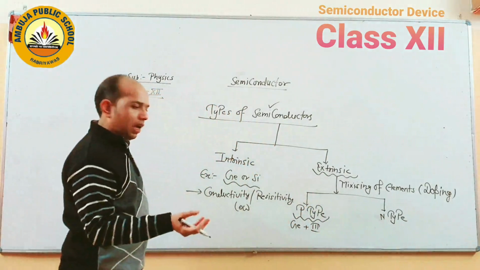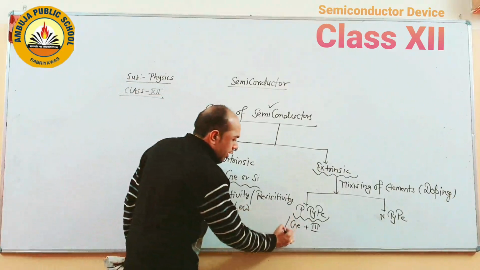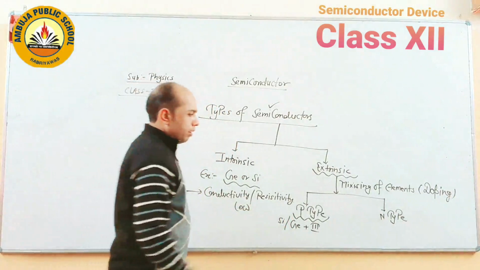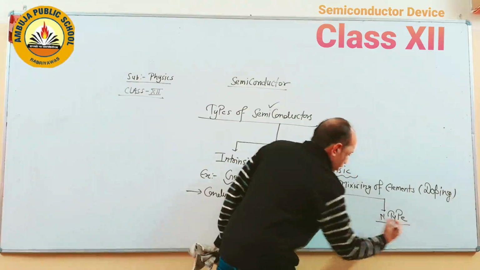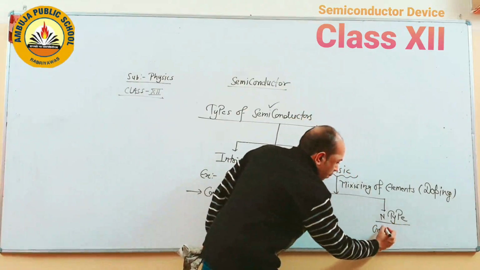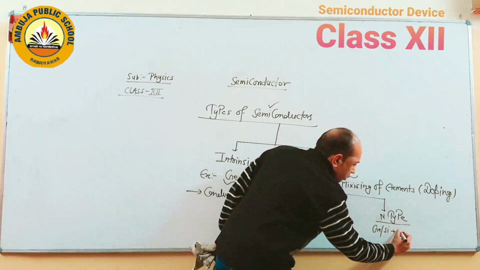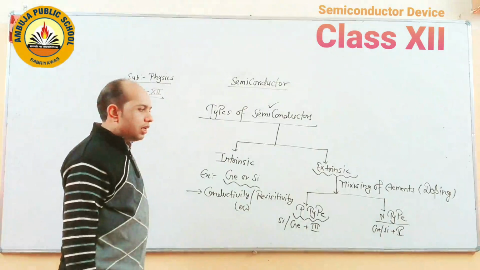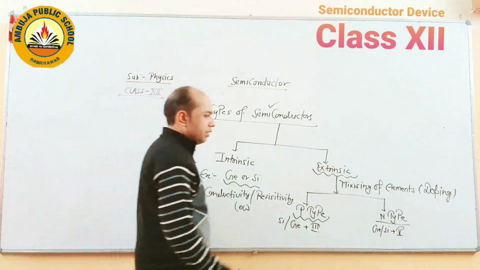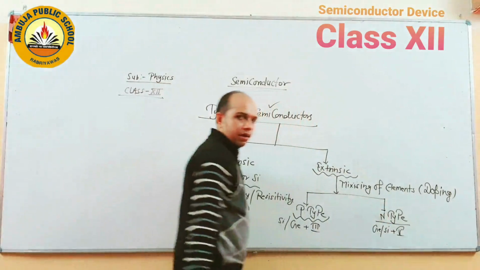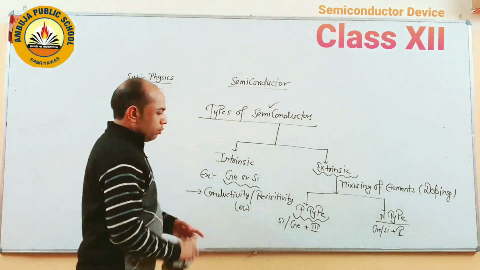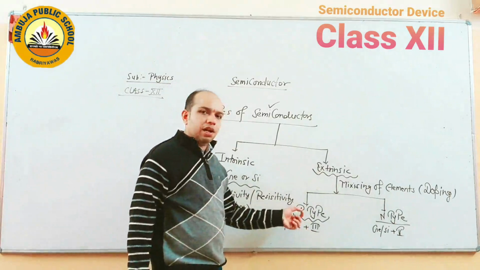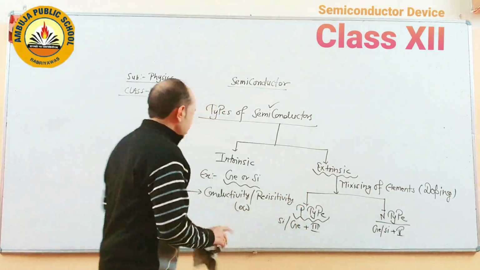Whenever we mix trivalent impurity with germanium or silicon atoms, it is said to be a p type semiconductor. And in an n type semiconductor, germanium or silicon is mixed with pentavalent impurities. Next we come to how the covalent bonds form when silicon and germanium are mixed with trivalent and pentavalent impurities.